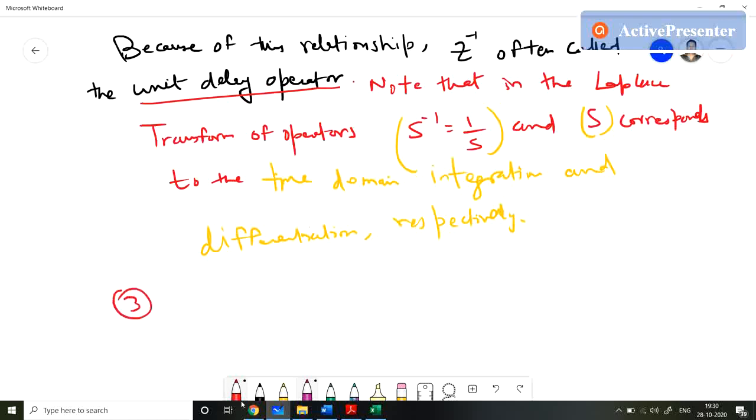Let us discuss the third property. That property is called the multiplication by Z0 raised to the power n.